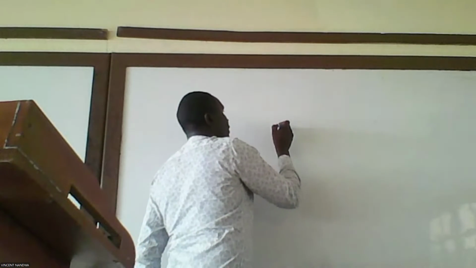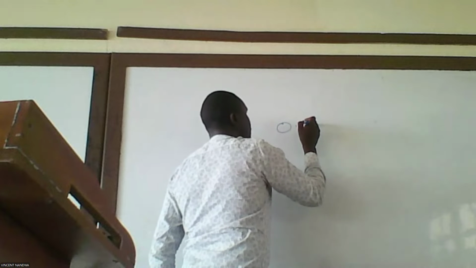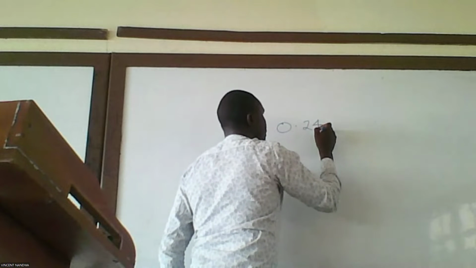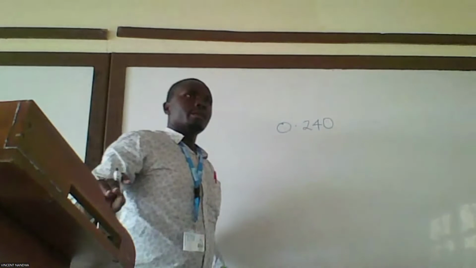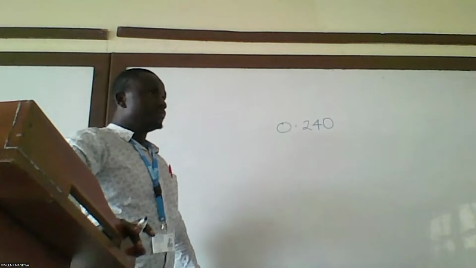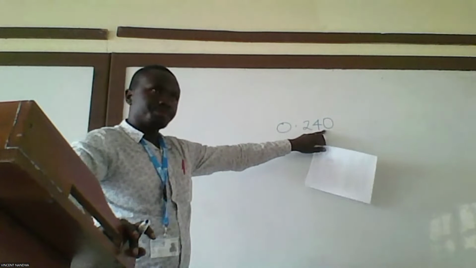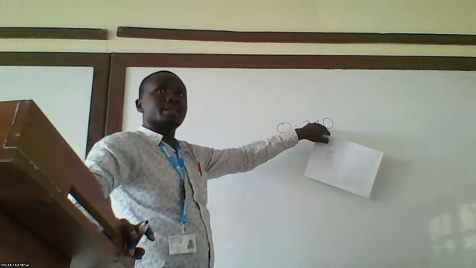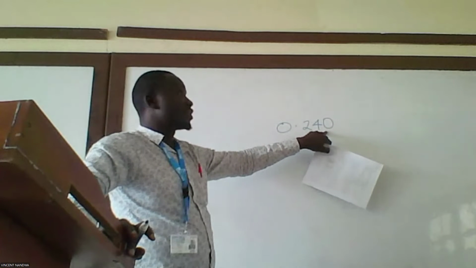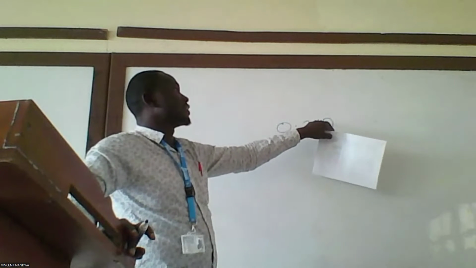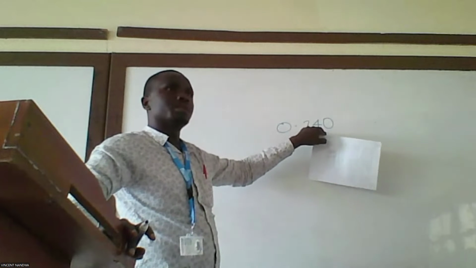Like here, if I have 0.240, then this 0 is automatically a significant digit because it's a decimal number and it is appearing to the right of a non-zero digit.